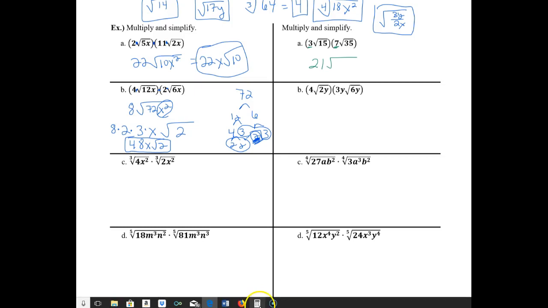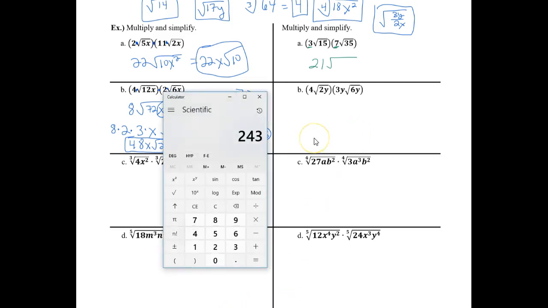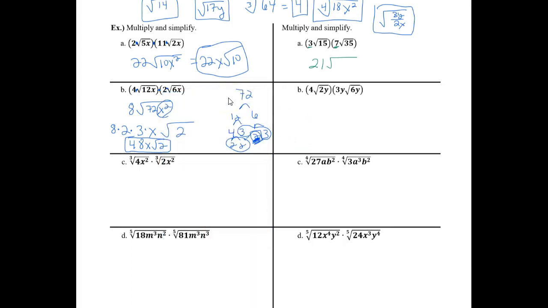So let's go ahead and get a calculator and do 15 times 35 and get 525. 525. That's pretty large, so I'm going to go ahead and factor it.